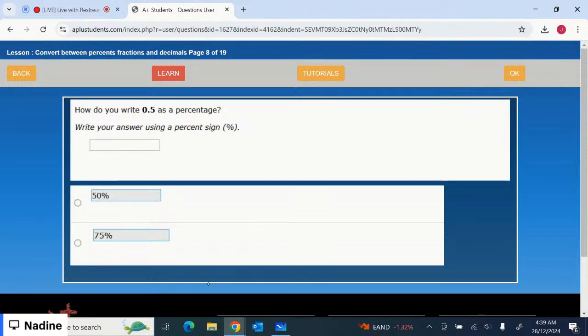How do you write 0.5 as a percentage? So that is 50%.